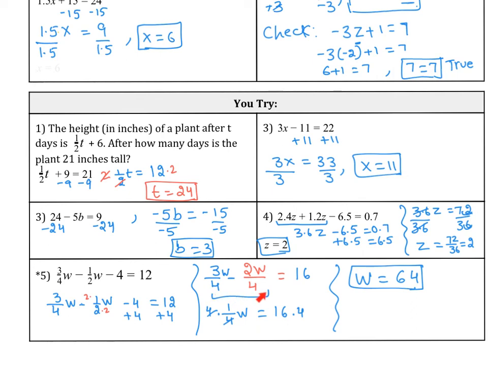Now the terms on this side are like terms because they have the same denominator: 3w minus 2w is 1 over 4w. Now we want to cancel this 4, so we multiply by 4 on both sides. The 4 and 4 cancel. You get 16 times 4, which is 64. So your answer for number 5 is w equals 64.